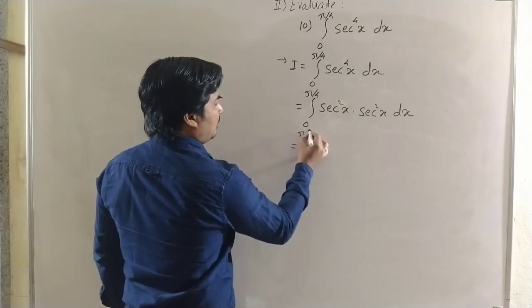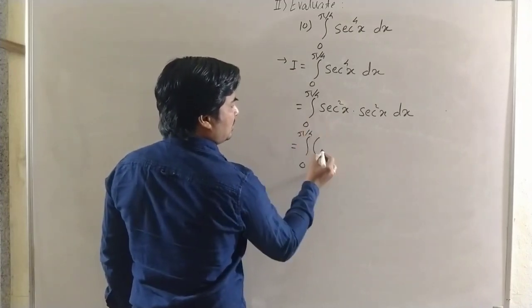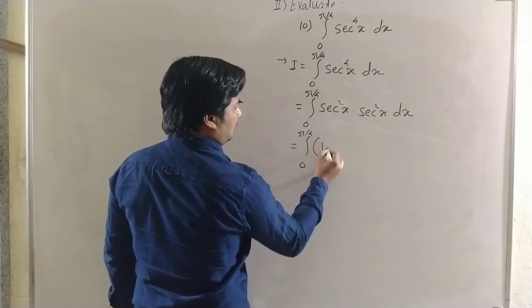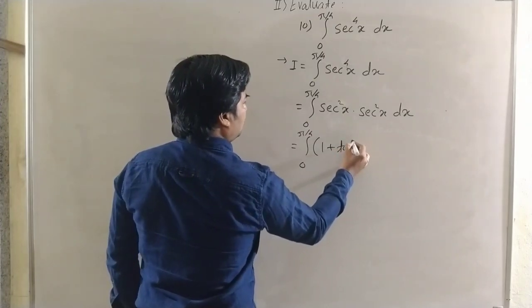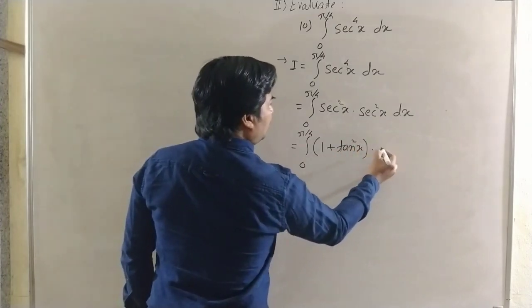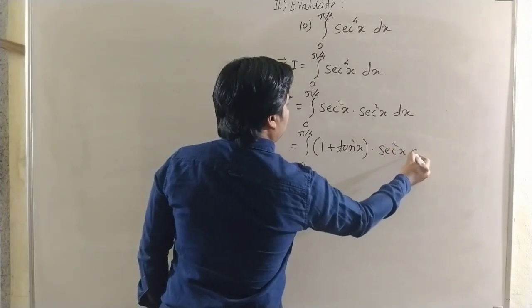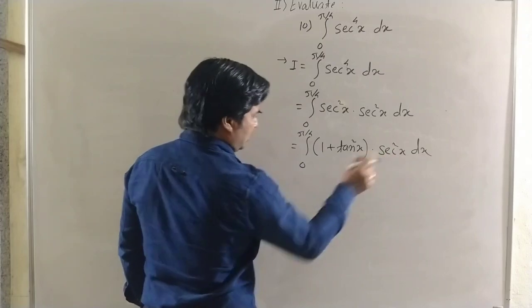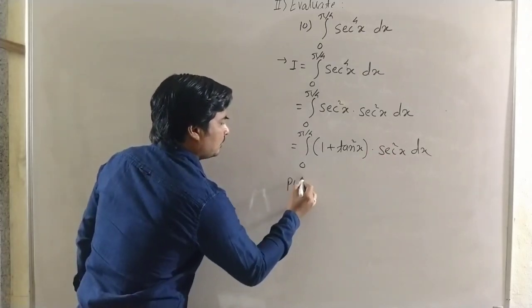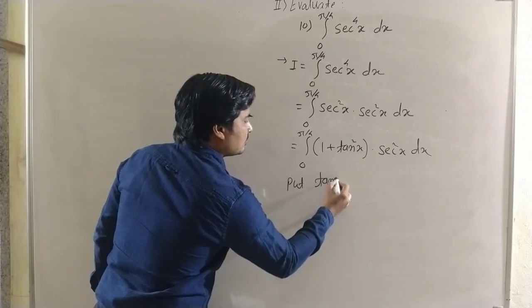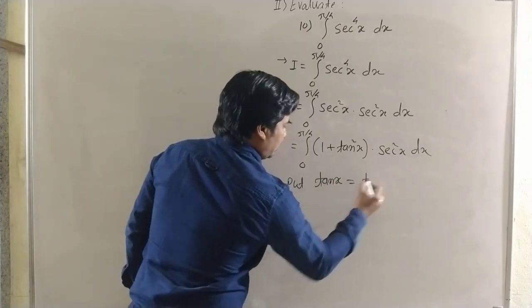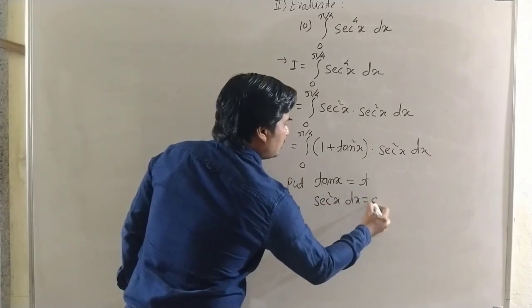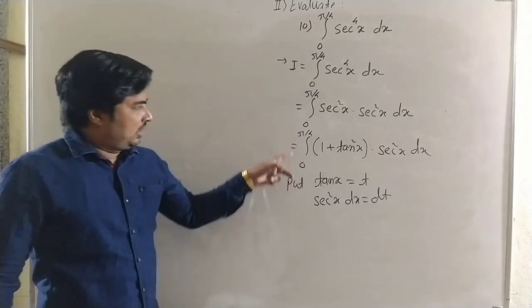It is 0 to pi by 4, and sec square x means 1 plus tan square x, or tan square x plus 1, into sec square x dx. Now put tan x equal to t, and the derivative of tan x is sec square x, therefore sec square x dx is equal to dt. Now here is a substitution.